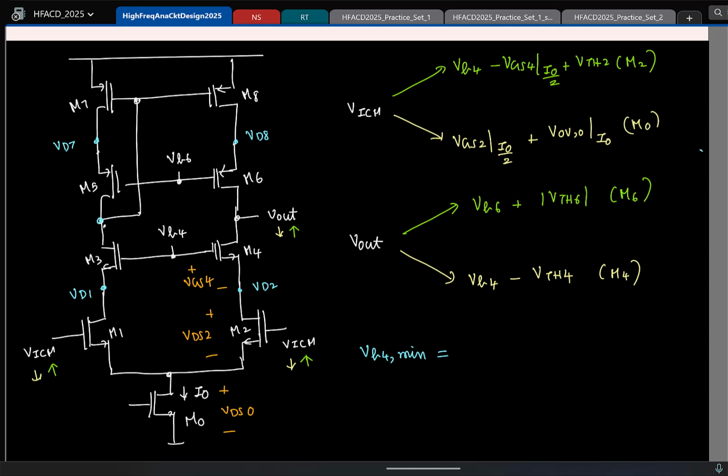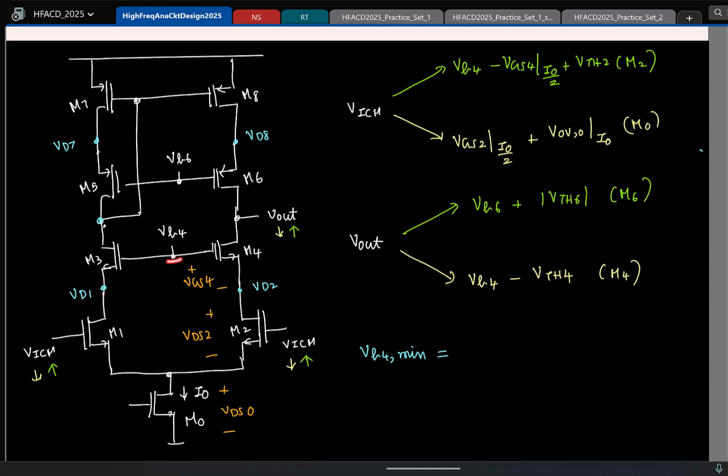If VB4 has to go to the minimum value, what should happen? What is the minimum VB4 can go to? It is the minimum of the sum, fine. But which is constant among the three? VGS is fixed. So the only leeway you have is with VDS2 and VDS0. And what is the minimum VDS you can have? The overdrive voltage.